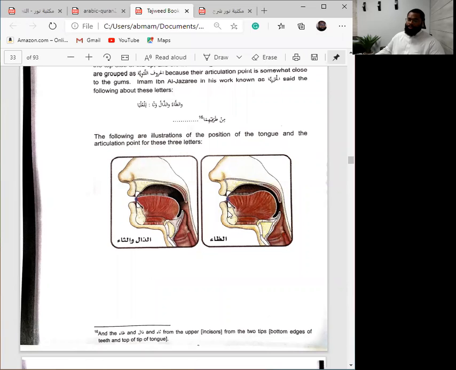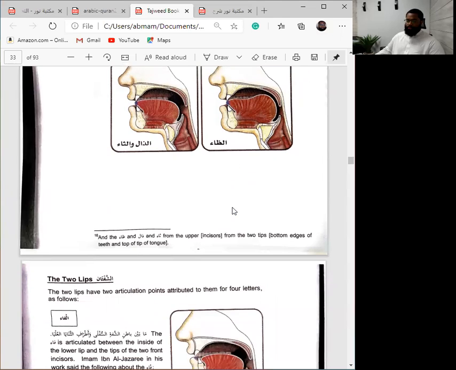So the difference is the tongue. If you keep it inside, touching the bottom incisors, you'll get a za or sa. But if you bring it out between the two top incisors, you get the correct letter. That's the only difference, so just pay attention to that.